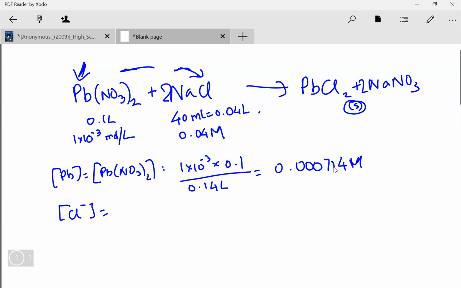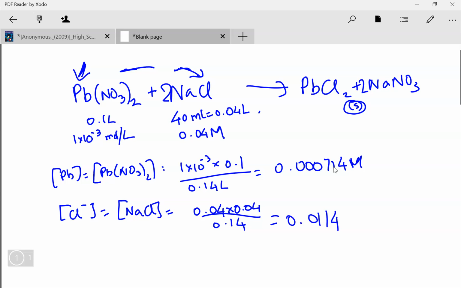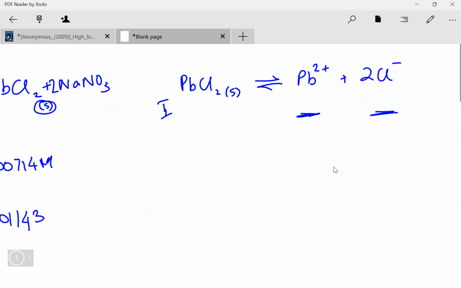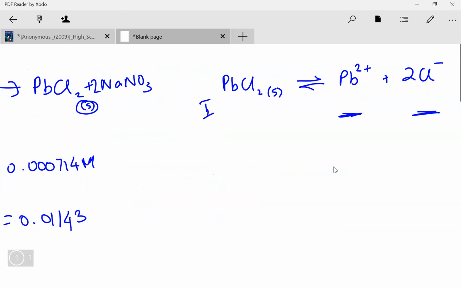The chloride ion is the same as my NaCl concentration, which is 0.04 times 0.04 divided by 0.14. See what that is. 0.01143 something. So I'm going to put those values in here. My lead was the first one, so 0.000714.